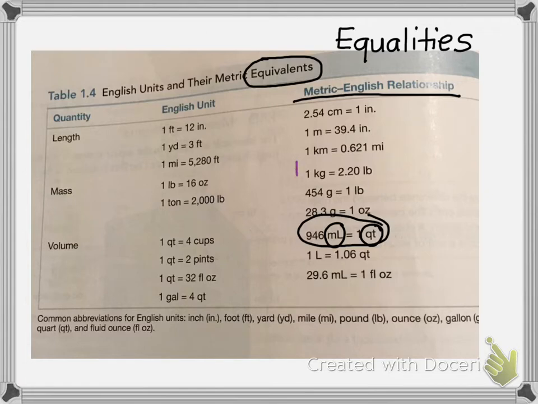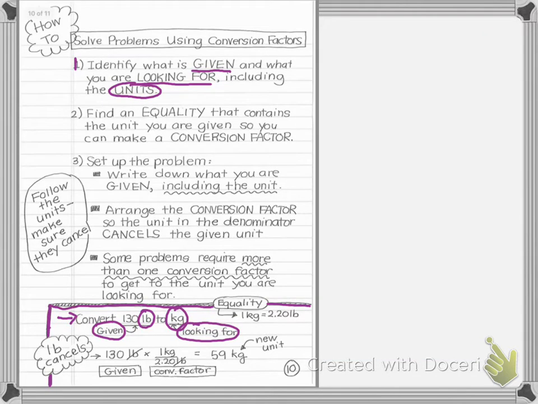Right there, I have pounds, which I was given, and then I have kilograms, which I was looking for. So that's my equality. The equality is 1 kilogram is 2.20 pounds. And remember, I looked that up on a table. That wasn't something that I had memorized.